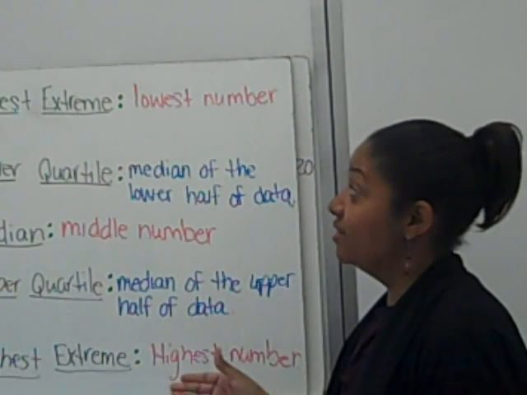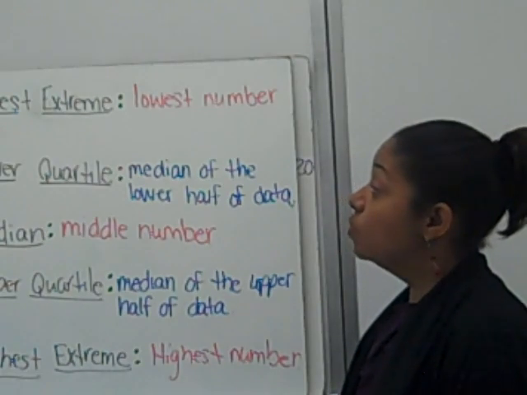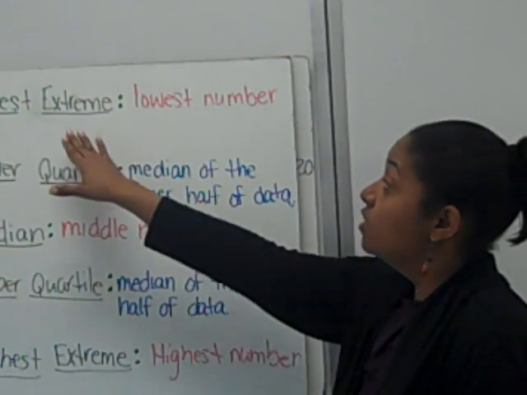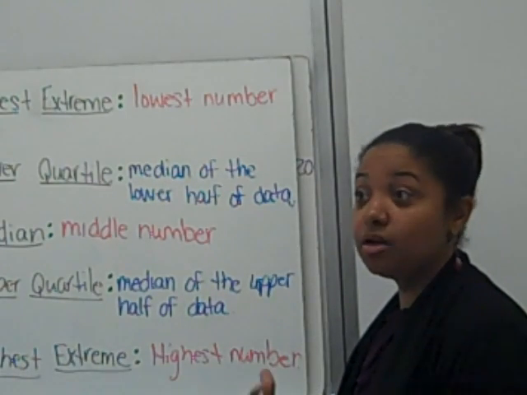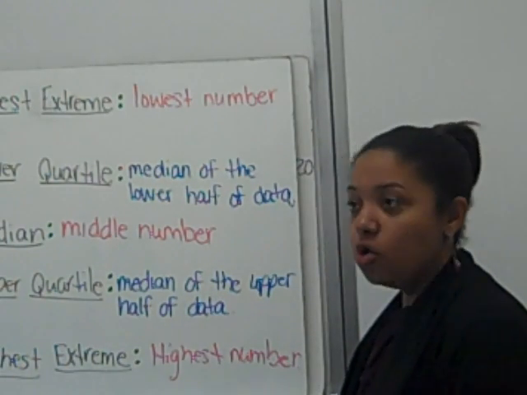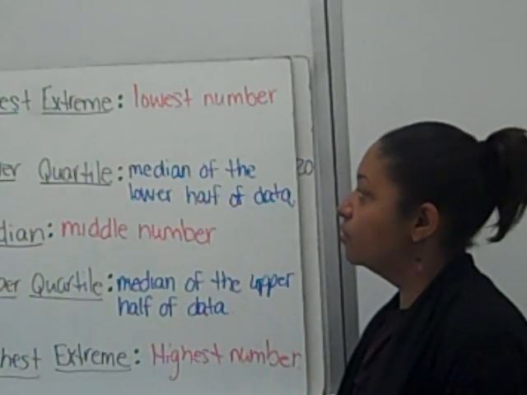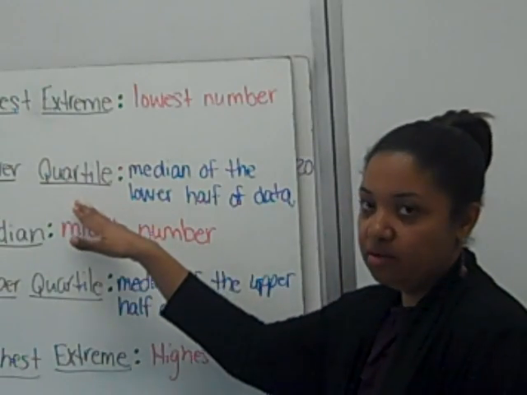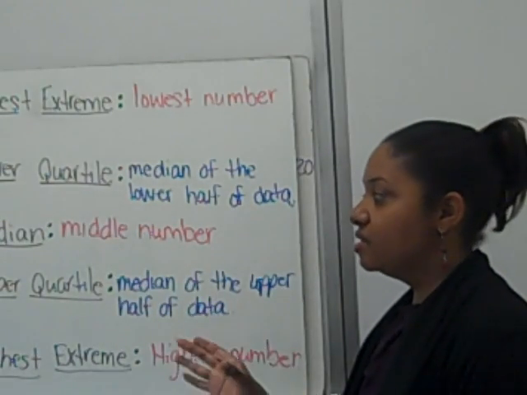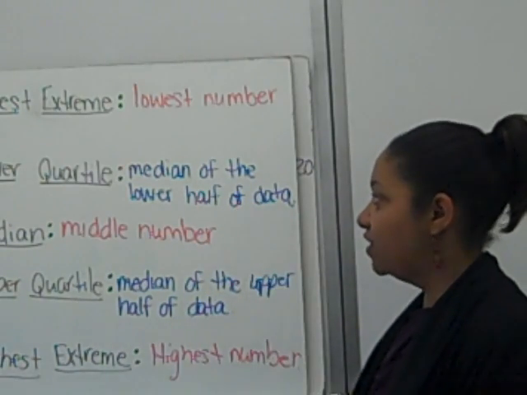Okay, next is, here are our definitions. So make sure you write these down. The lowest extreme, and that, as I said before, is the lowest number. It can also be called the minimum number or the minimum value. So make sure that you have the lowest number. Then the LQ, that's your lower quartile. So remember, it's really the median of your lower half of data.